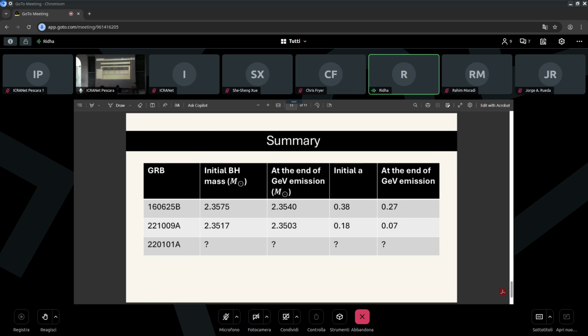Yeah, I think I disconnected for a moment. Can you repeat again? Sorry. In the data on the binary neutron star publication, there is a paragraph at the end.